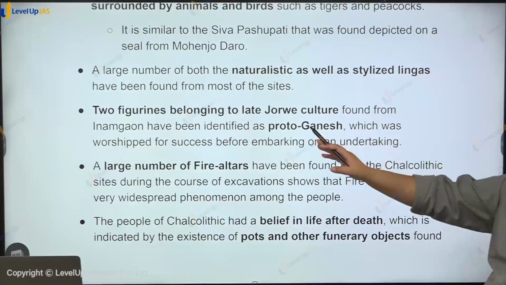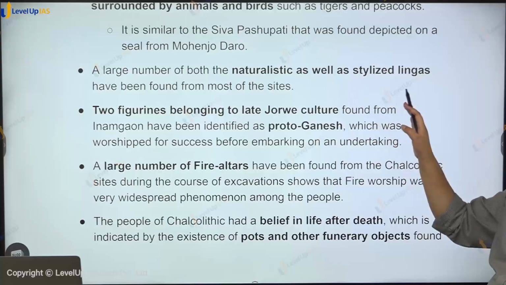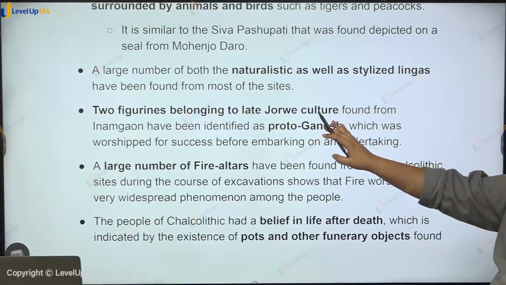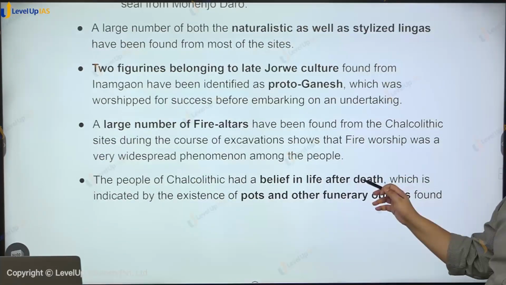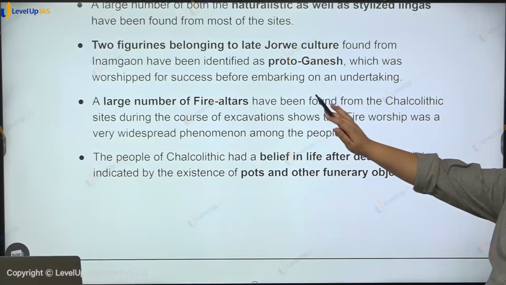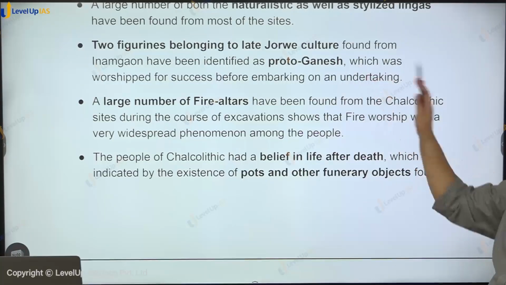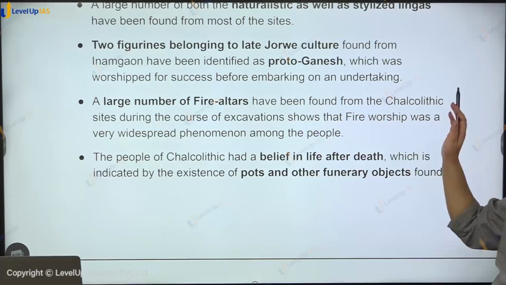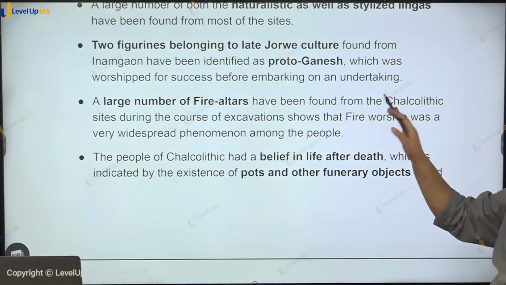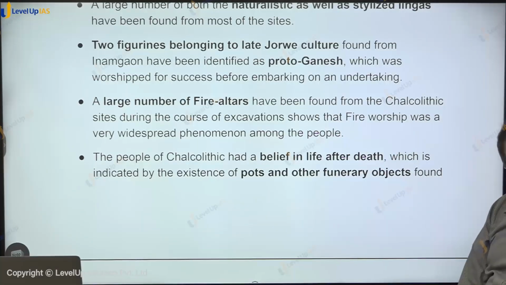A large number of both the naturalistic as well as stylized lingas have been found from most sites. लिंगा इमेजेस मिल रहे हैं तो इसका मतलब फर्टिलिटी वर्शिप चल रहा था, राइट? For example, further, 2 figurines belonging to the late Jorwe culture found from Inamgaon have been identified as Proto-Ganesh, which was worshipped for success before embarking on an important undertaking.